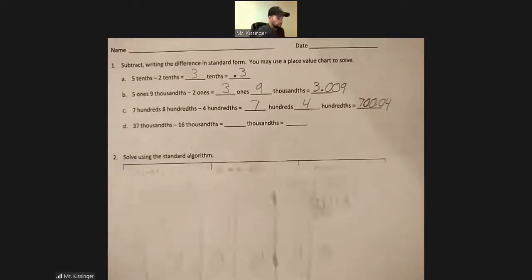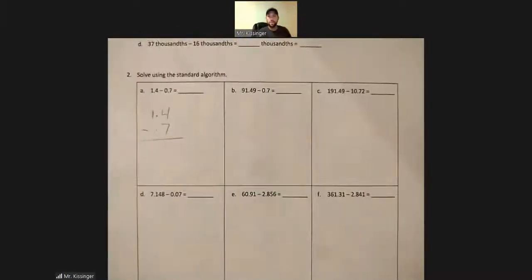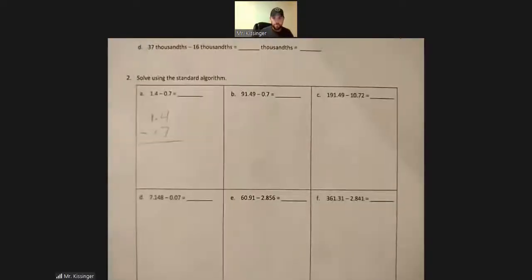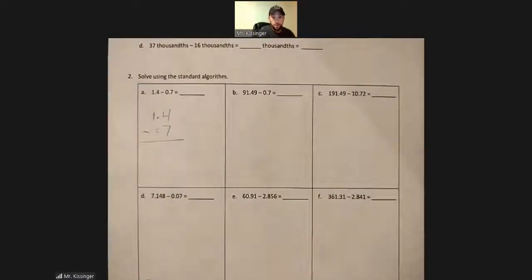All right. So these down here we're going to solve using the standard algorithm. We're just going to do 1.4 minus 0.7 equals. Again, just like our addition, we want to make sure that our decimal points are lined up in the same place. 4 minus 7, we can't take 7 from 4.